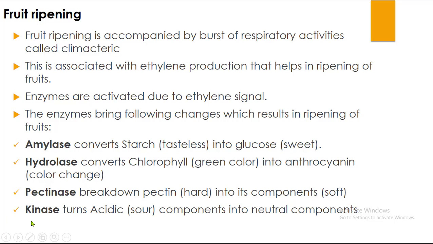Next enzyme is kinase. Kinase turns acidic components present in the fruit into neutral substances. That is the reason certain fruits are sour when unripened, and turn sweet or give their particular taste when they are ripened.